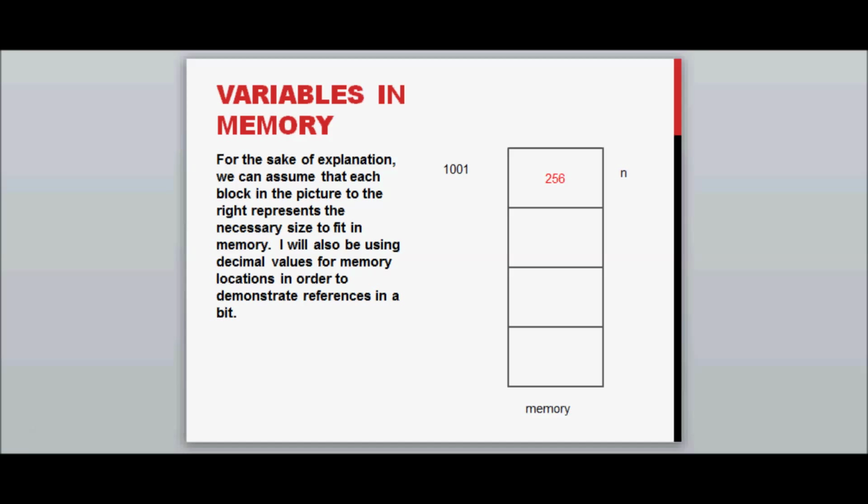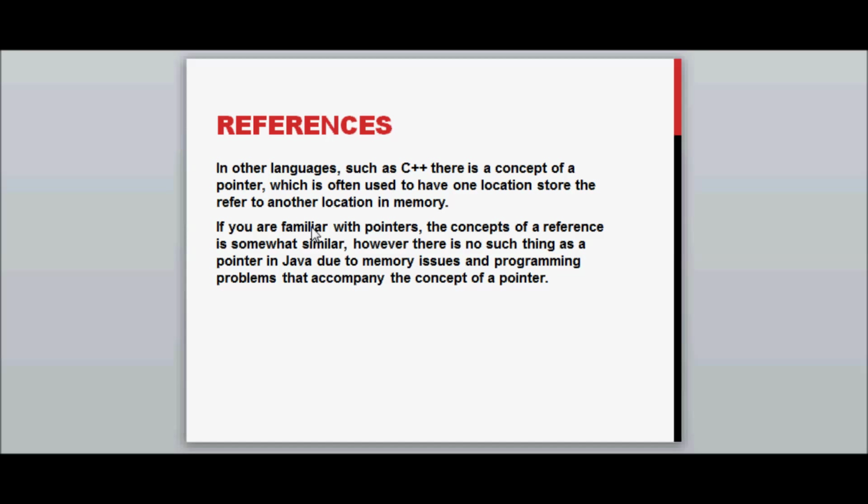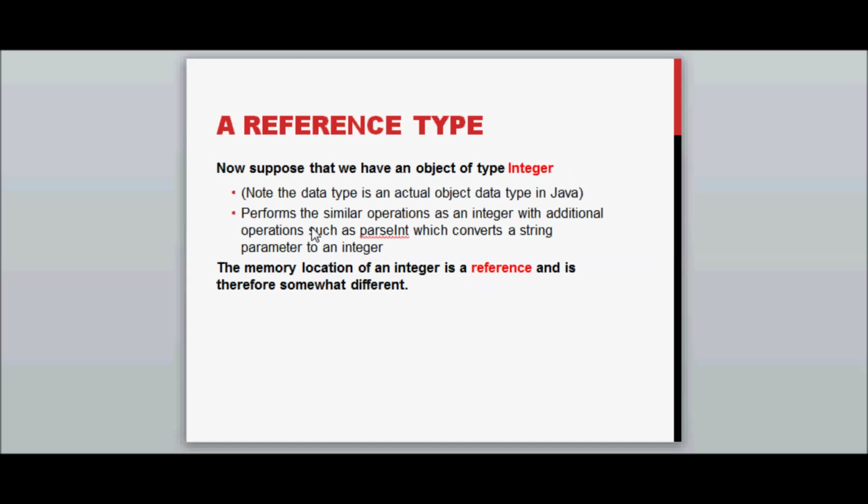Now for reference types, in C++, there's this concept of pointers where one thing can point to another, but that actually caused more problems than it added solutions to. So Java eliminated this idea of a pointer and instead just added the concept of a reference.